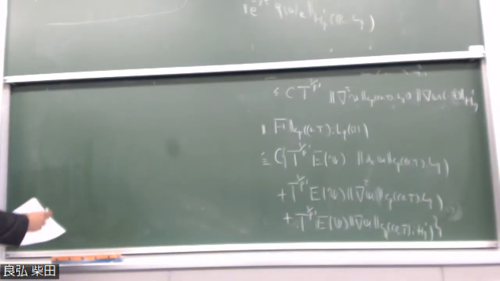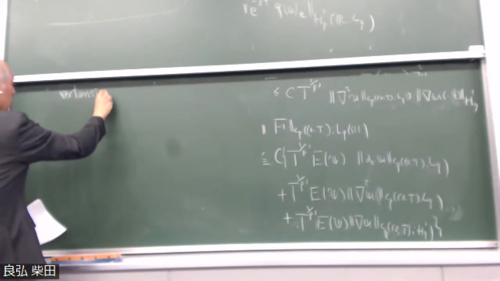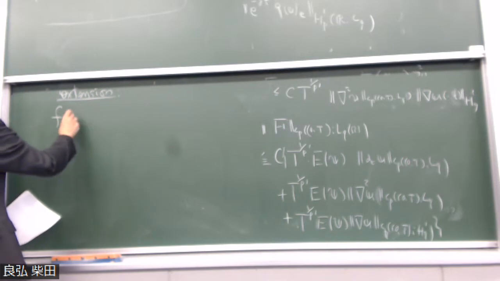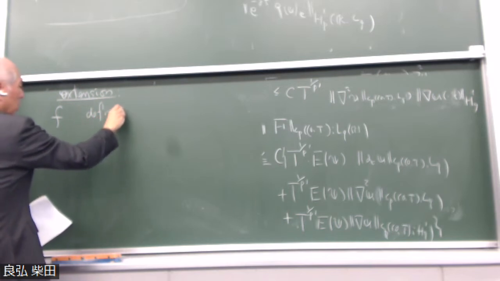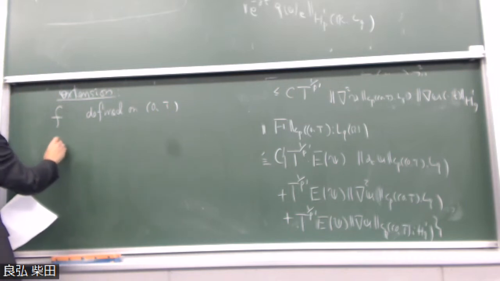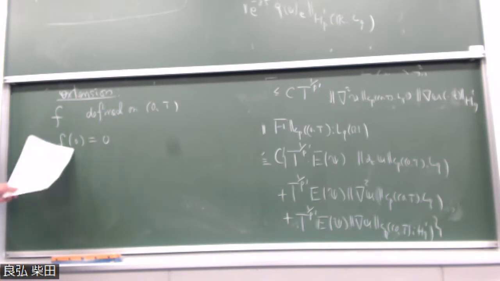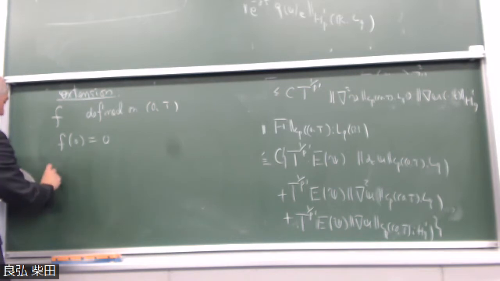Okay, so extension. First, if f is a function defined on 0 to T, and if f satisfies 0 at t equals 0, in this case the zero extension is okay for the derivative.